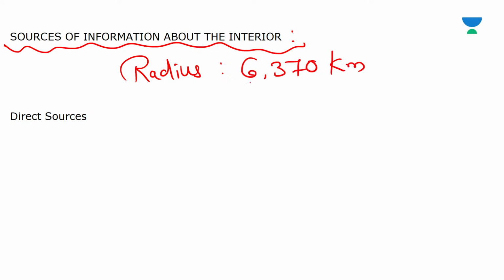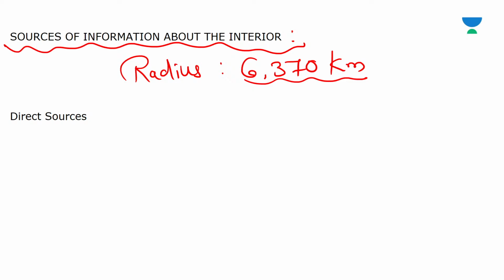6,370 kilometers. No one can reach the center of the Earth and make observations or collect samples of the material. So, under such conditions, we may wonder how scientists tell us about the Earth's interior and the type of materials that exist at such depths.